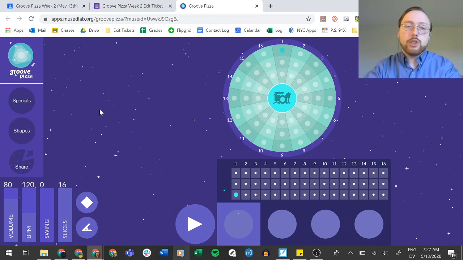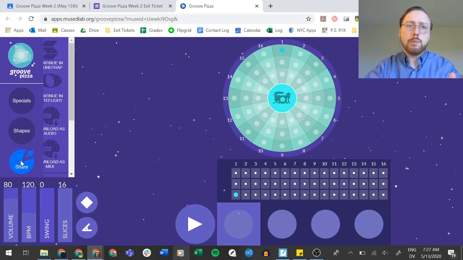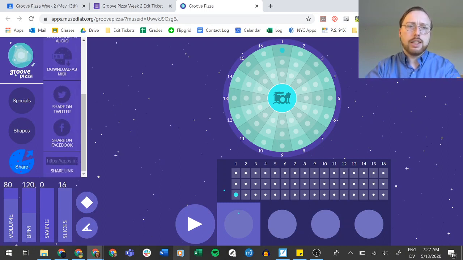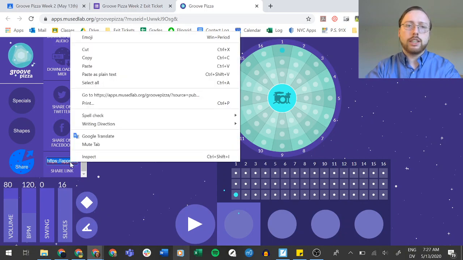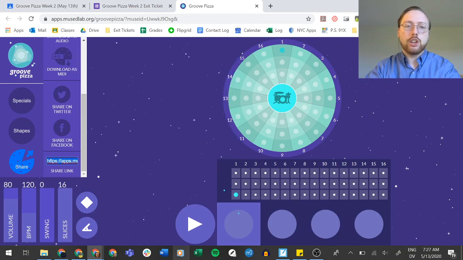Let me remind you how you share. There are 2 ways to share. You can go to the share button and then copy the link here. On a computer you can right click and select copy, or if you're on a phone or tablet you can select all, or long click by clicking and holding, and copy.